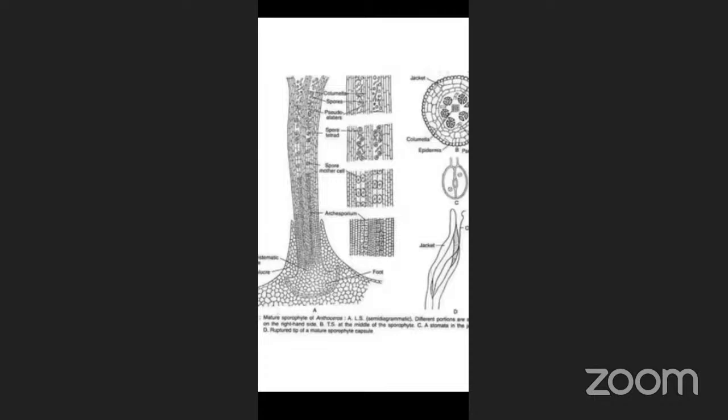So what happened here? It is dependent on the gametophyte for food. It is wholly attached to the gametophyte. Its only function is production and dispersal of the spores. In Riccia, the sporophyte only produces the spores.